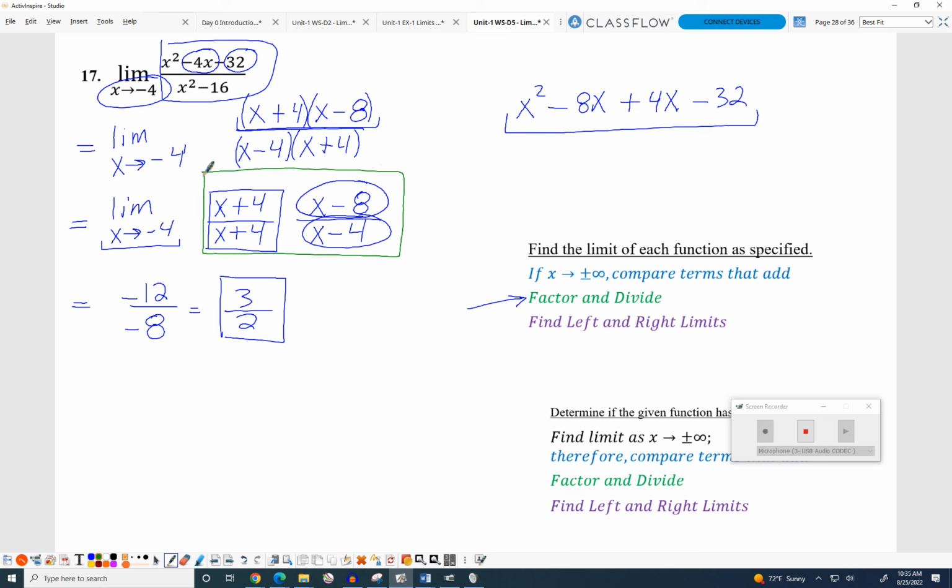Because now I know that if x is almost negative 4, this will equal exactly 1. Close to negative 4 plus negative 8 is close to negative 12. Close to negative 4 plus negative 4 is close to negative 8. Did I answer your question? Okay, so that's where that came from.